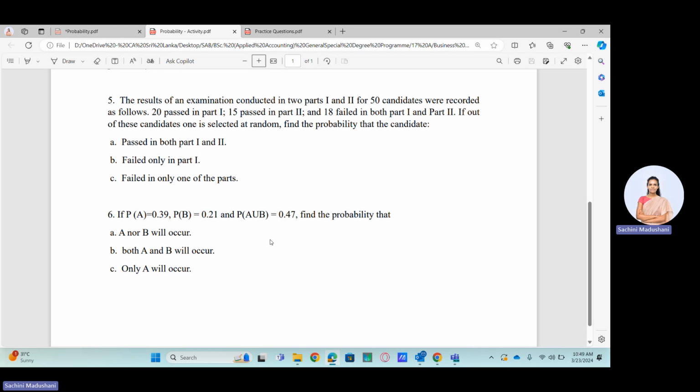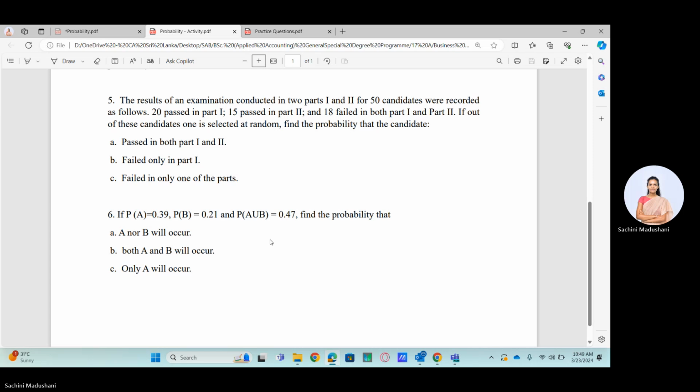All are fractions over 50, so now you can add: 35 over 50 minus the intersection. Taking the negative term to the other side, it becomes positive, and 35 over 50 becomes negative. What is the intersection value? 3 over 50. It means 3 candidates passed both part 1 and part 2.